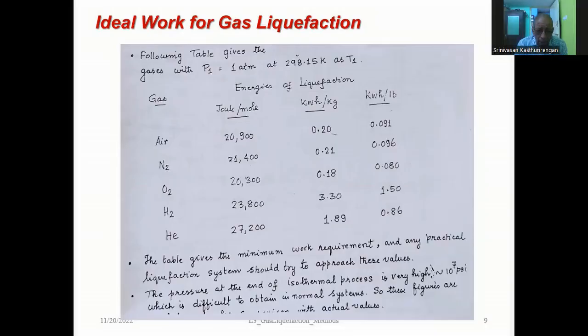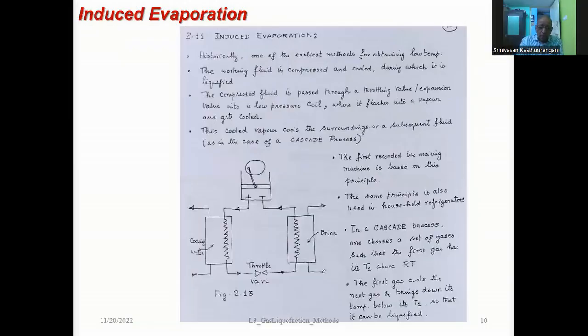So practical systems will not be using this high pressure because it's very difficult to design your compressor, all the heat exchangers, etc., to withstand such high pressures. So what about the use of these numbers? These numbers can be used for comparing to those of the practical systems.